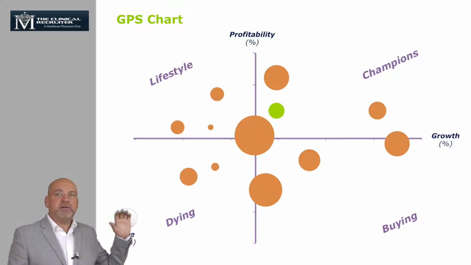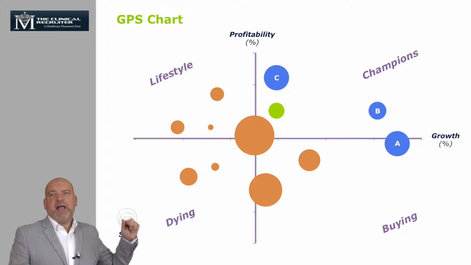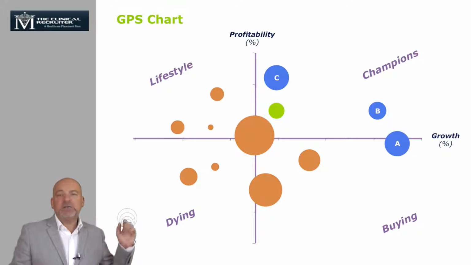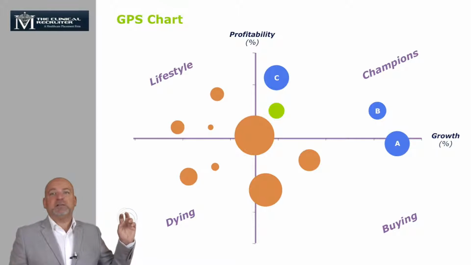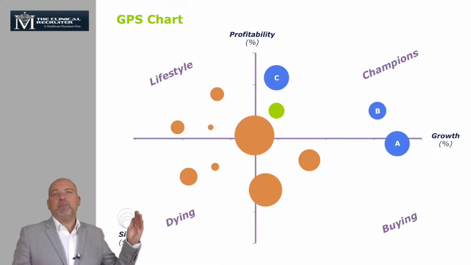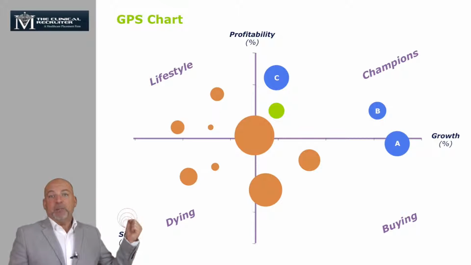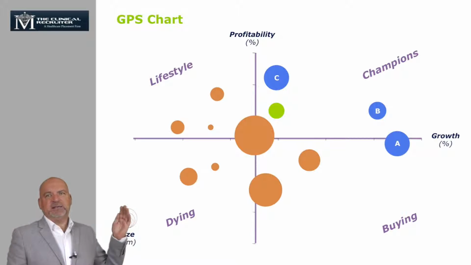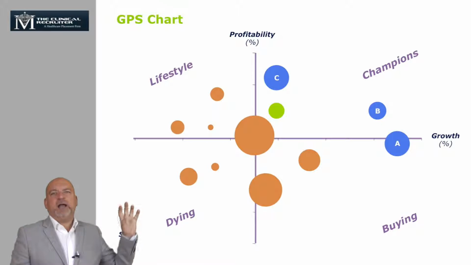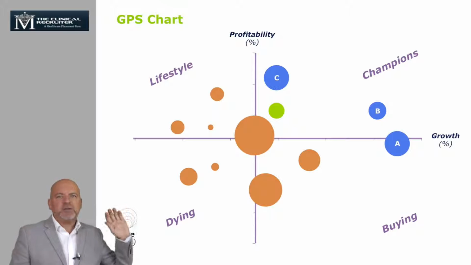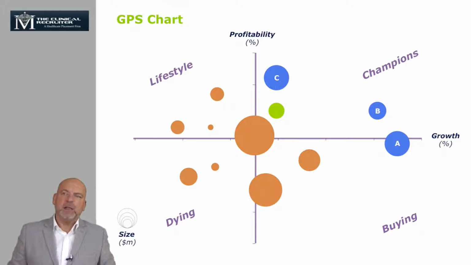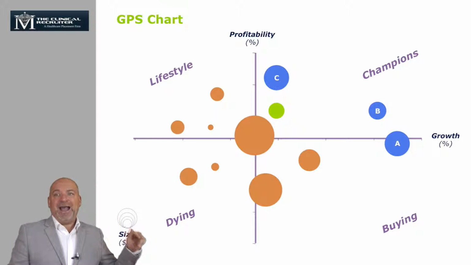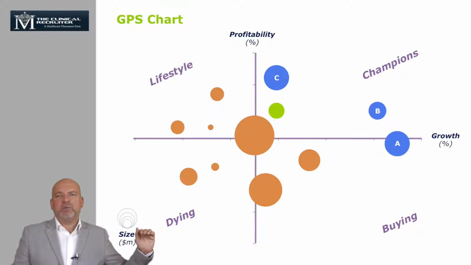Well, what we highlight here is there's 3 champions, okay? A, B, C. You can see that C is quite attractive because it's growing roughly the same, it's a fair amount bigger, but it's a lot more profitable. So if green is interested in a bit of a lifestyle, it's sort of, okay, how do we increase profitability without stretching ourselves on growth? The competitor A, on the other hand, is someone who said, I'm going to really go and push for growth.